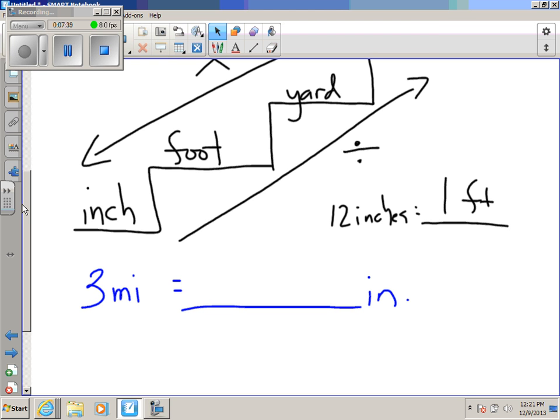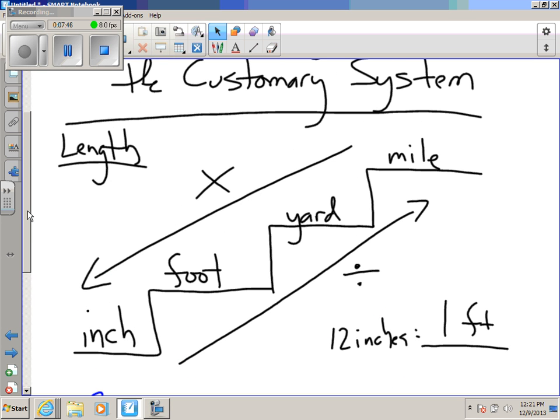Three miles is equal to how many inches? Here's miles, all the way at the top. Inches are all the way at the bottom. So I've got 1, 2, 3 steps to go to get from the top to the bottom, which may mean I have 3 conversions to do, 3 different steps to my conversion.